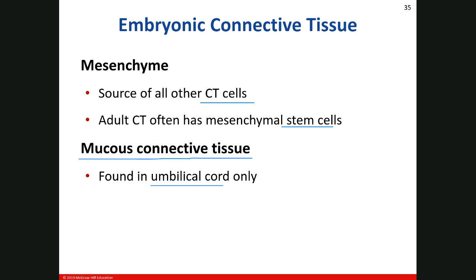Some places will offer the service where they'll keep it in case something happens later on in that child's life, and they can get some stem cells from the umbilical cord and use that to help repair tissue. It's kind of new technology. You probably heard of stem cell treatments. There are different stem cell colonies.